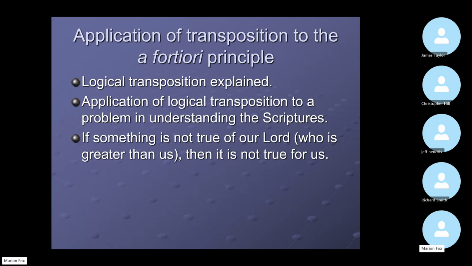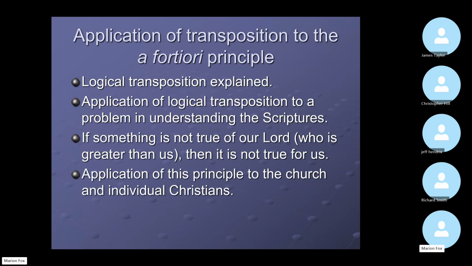The a fortiori principle in its first form says what's true of the lesser is true of the greater. Now then, the negative of that would be what's not true of the greater is not true of the lesser. And of course, in the logic class, I demonstrated that both these forms are found in the New Testament.